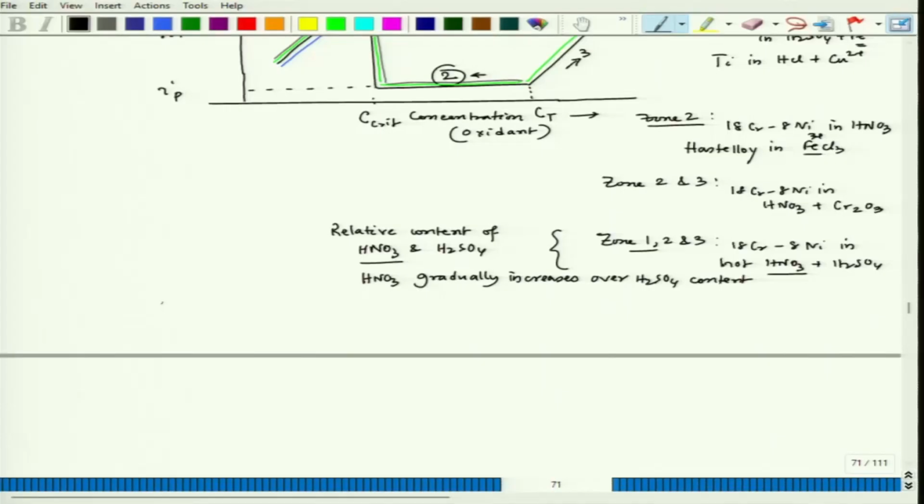Okay. So, now we could see the behavior with reference to oxidant, and we can conclude that addition of oxidant can be helpful for corrosion protection.